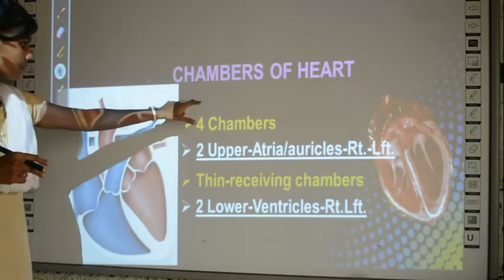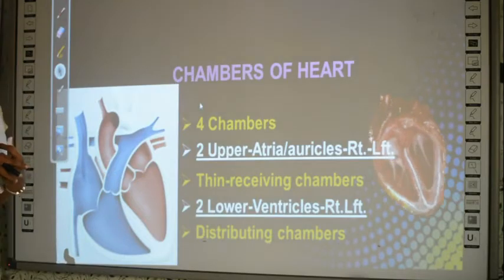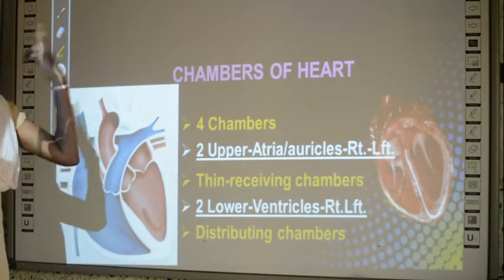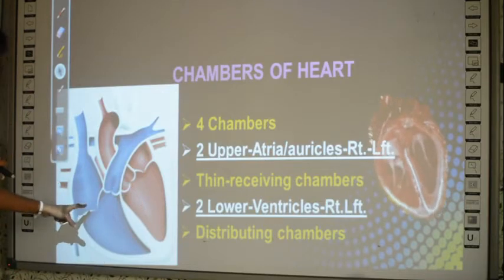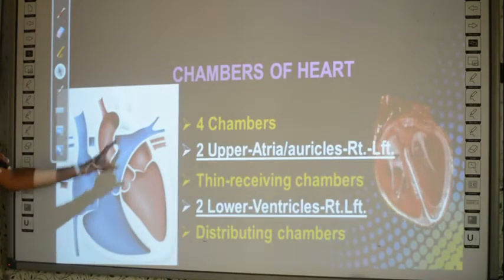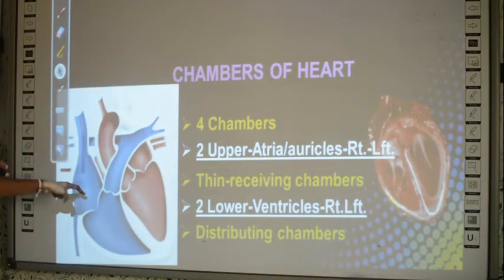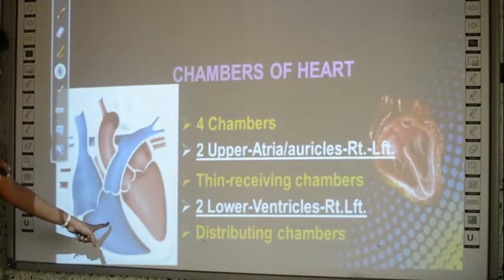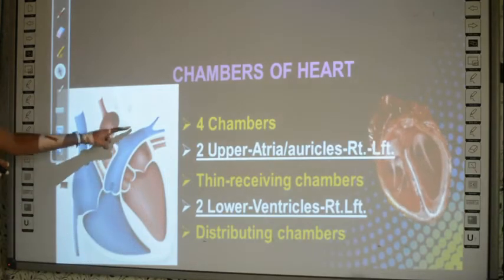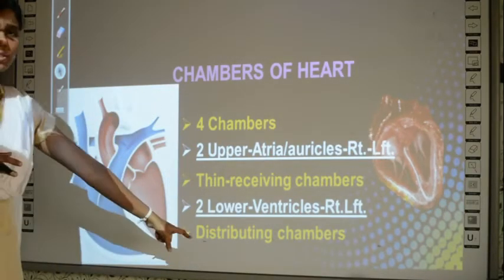So what is the function of ventricles? Distributing chambers. They will give back. How do they give back? See this blue one, this is a ventricle, no? What does it do? It gives out of the heart. See, this receives, and the ventricle's function is to give out. It is giving out, so it is called a distributing chamber.